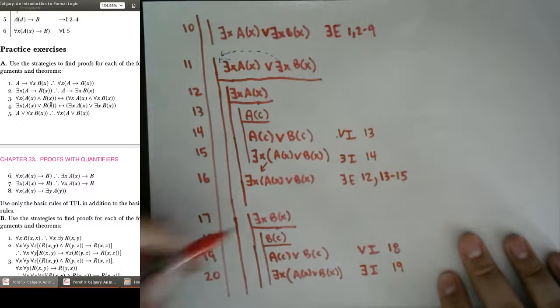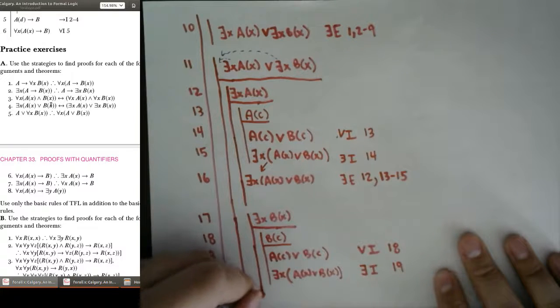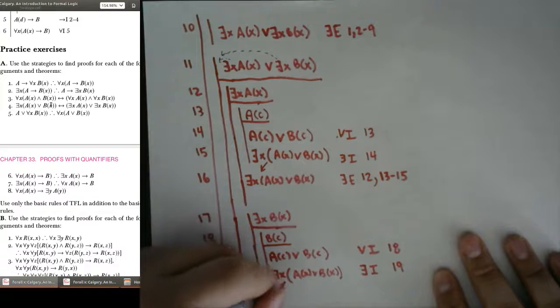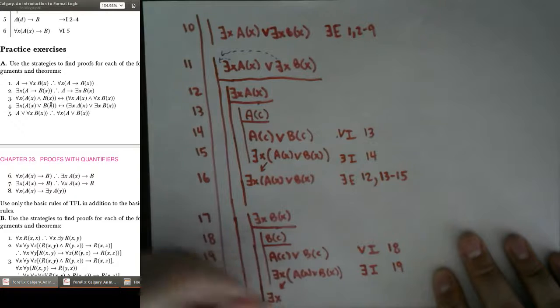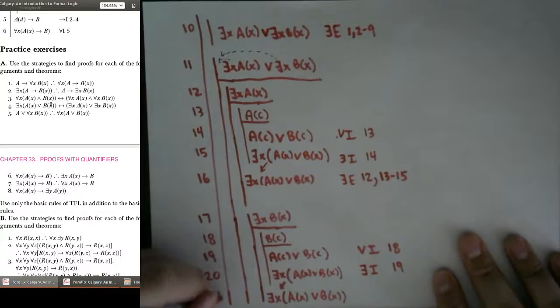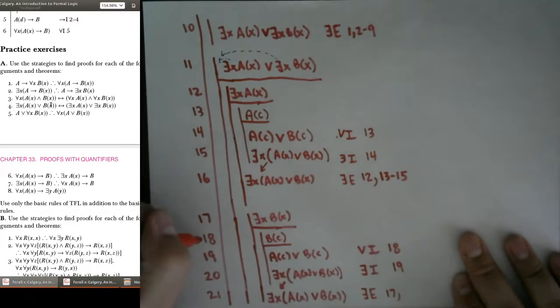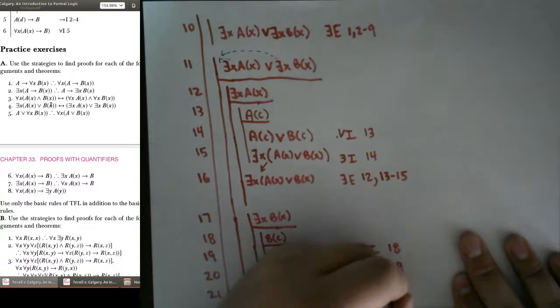So now I've arrived at a statement that I'm allowed to use existential elimination on to pull it out of the subproof. So I get there exists x, I just copy it, right? Ax or Bx. That's line 21. That's existential elimination on line 17 and the subproof from 18 through 20.